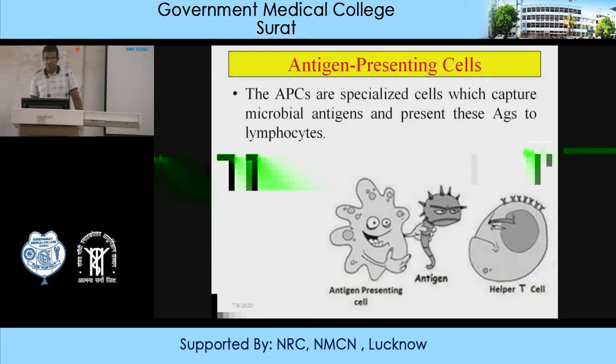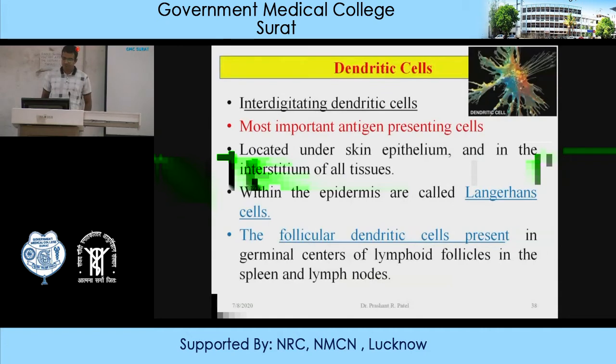Antigen presenting cell. So this is a crucial cell in adaptive immune system. These antigen presenting cells are specialized cells which capture microbial antigen and present this antigen to lymphocyte for T cell receptor activation. The main antigen presenting cell is dendritic cell.